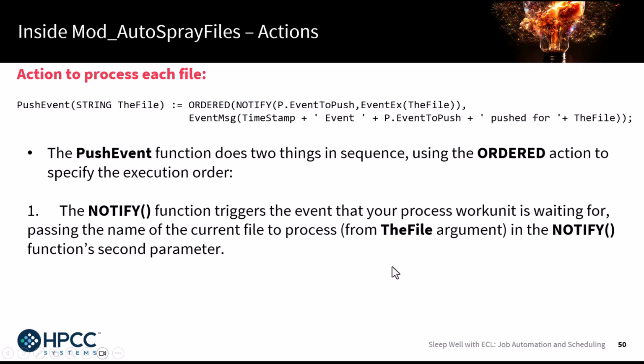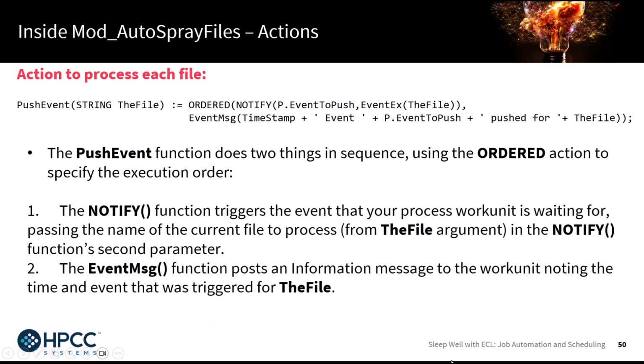First, as you see in the list up above, it uses the notify function, which triggers the event system-wide to any work unit waiting for that event, and also passes the name of the current file to process from the file argument of event EX in the notify function's second parameter.